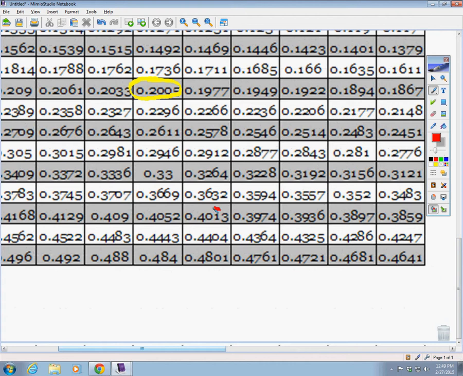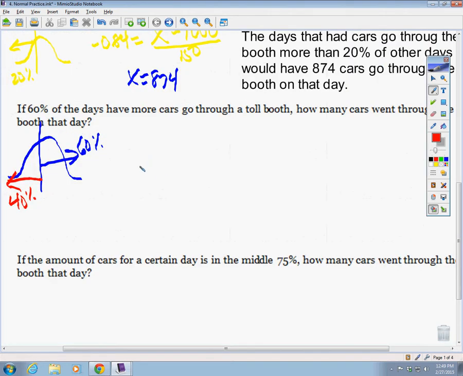So closest to 40% would be negative 0.25. That means that's our Z-score, which means it's a quarter of a standard deviation below the mean. And again, we plug that into our Z-score formula. So multiply out the 150, add back the 1,000, and we get 962 is equal to X. So again, the cutoff for 60% is 962.